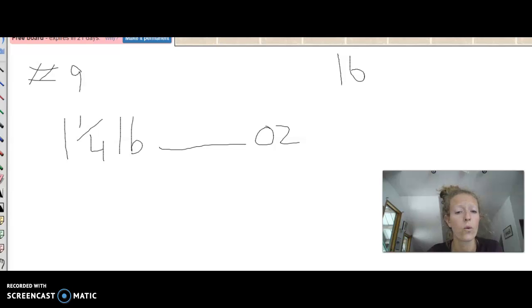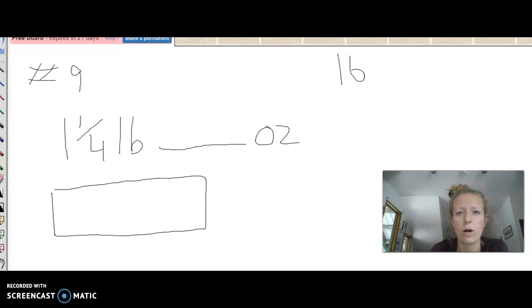To do that, we're going to draw from our knowledge of fraction tiles, and imagine that this block right here is 1 pound. Knowing that it's 1 pound, we also know that it's 16 ounces. So above this, I'm going to write 16 ounces, and I'm going to divide it into quarters. That's what my denominator indicates.